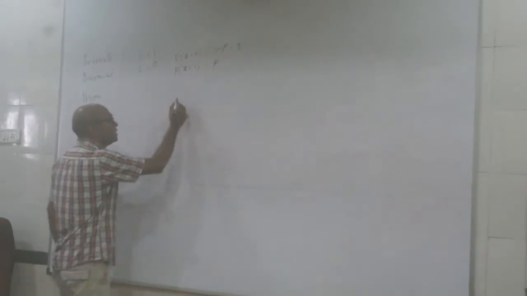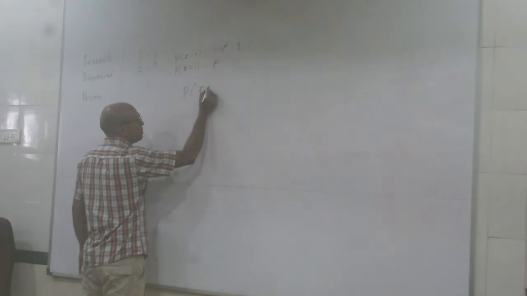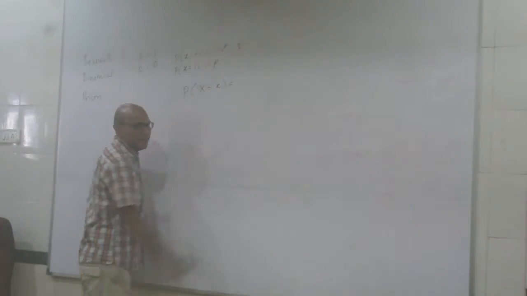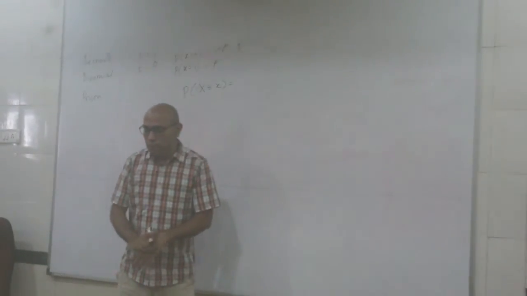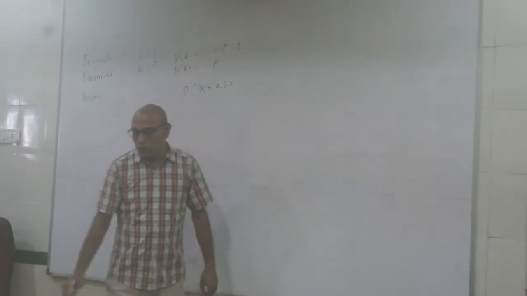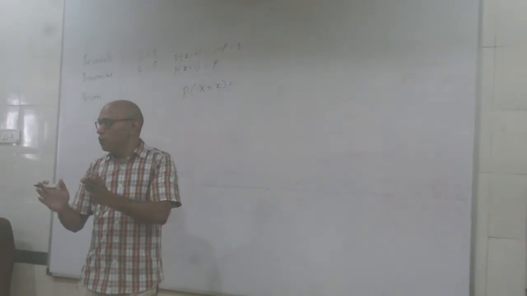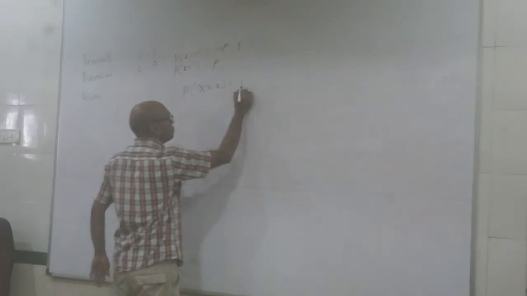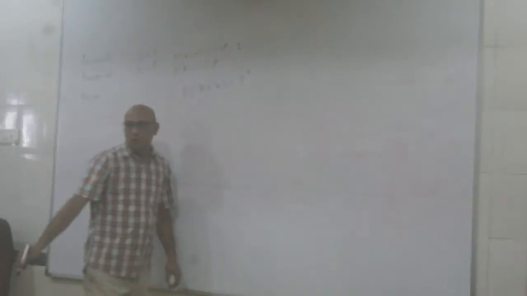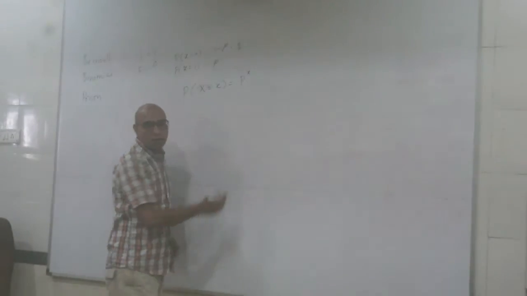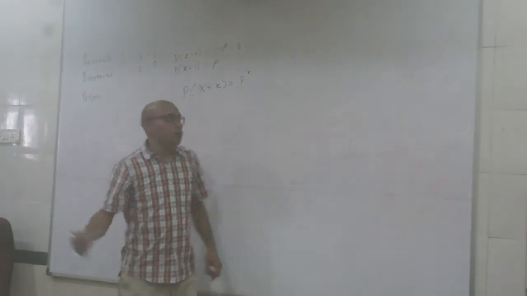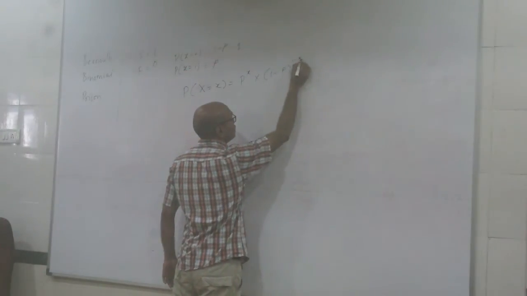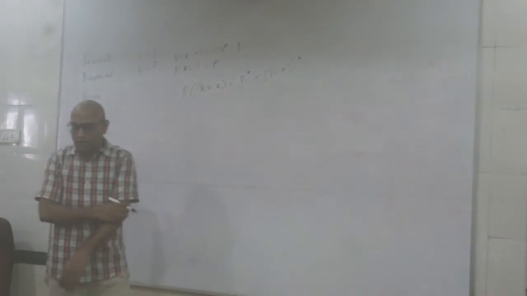Okay, so the probability that x takes a value x is equal to p raised to x into 1 minus p raised to 1 minus x.